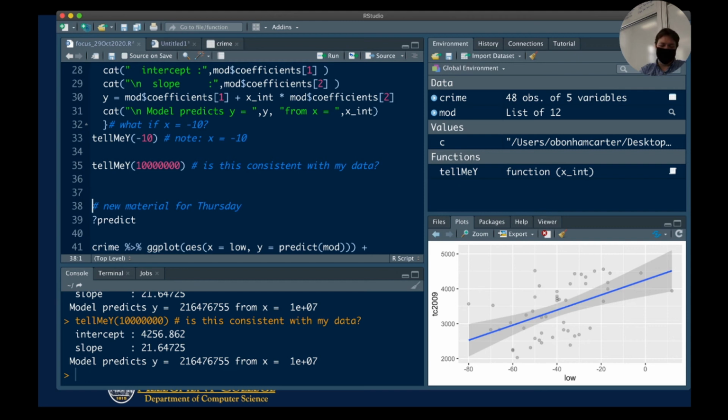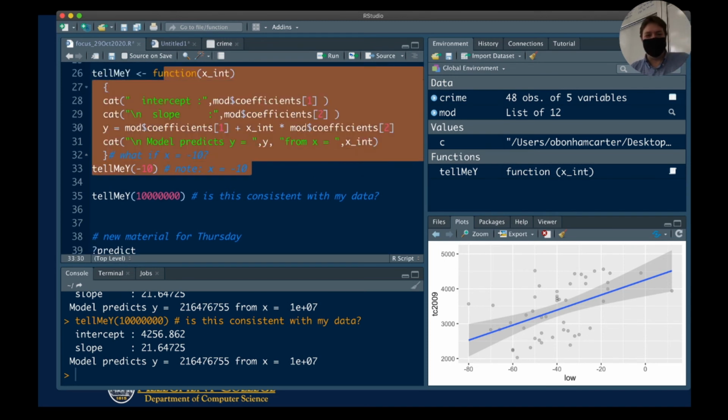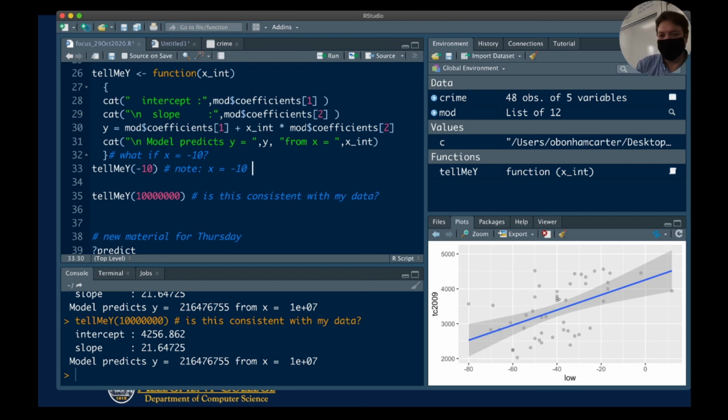The model is only good for values between x equals minus 80 and I would say x equals 11. Anything outside of this range, you can get a value by plugging it in, but whether that value actually means anything is anyone's guess.